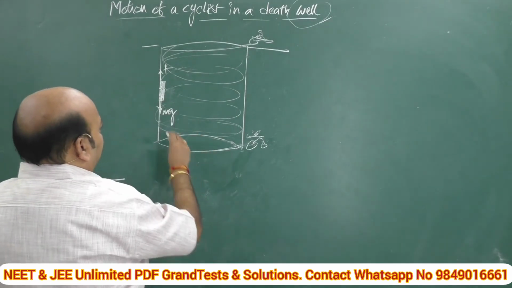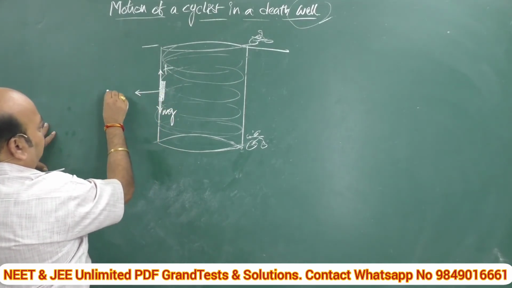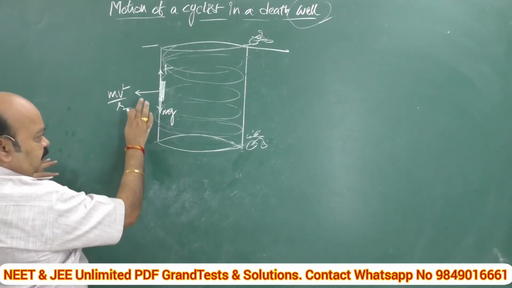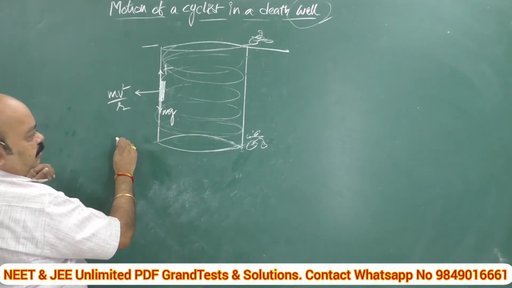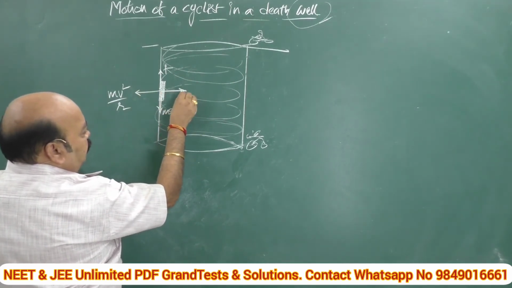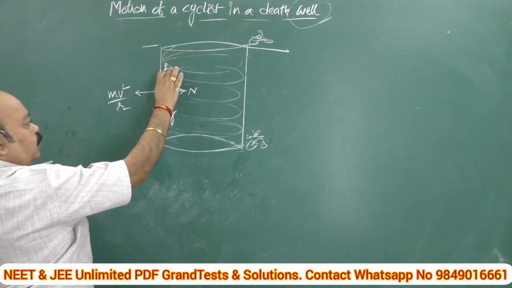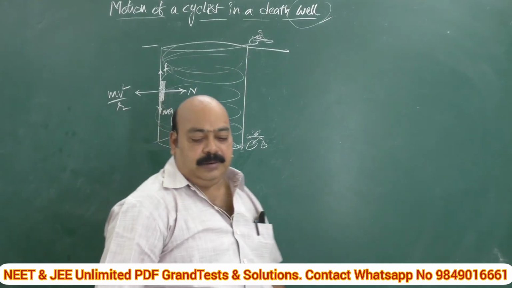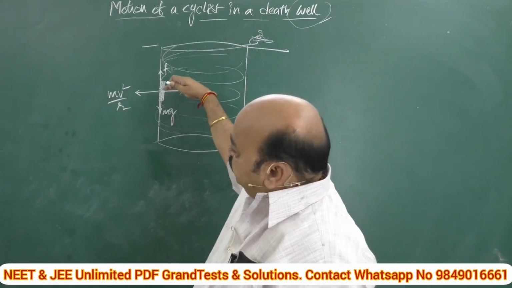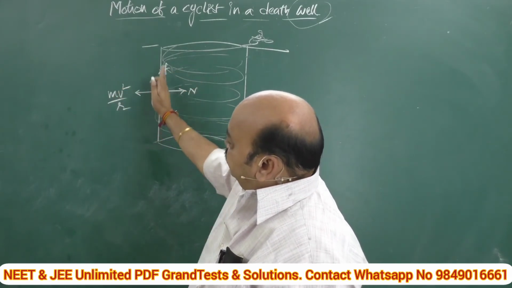Pressing the wall, the force due to the motorcyclist on the wall is mv square by r. If you consider action and reaction, this is N, the reaction. This is the total diagram, called the free body diagram. What are the different forces acting on it? He is pushing, and this is the normal reaction. Friction prevents him from falling down.